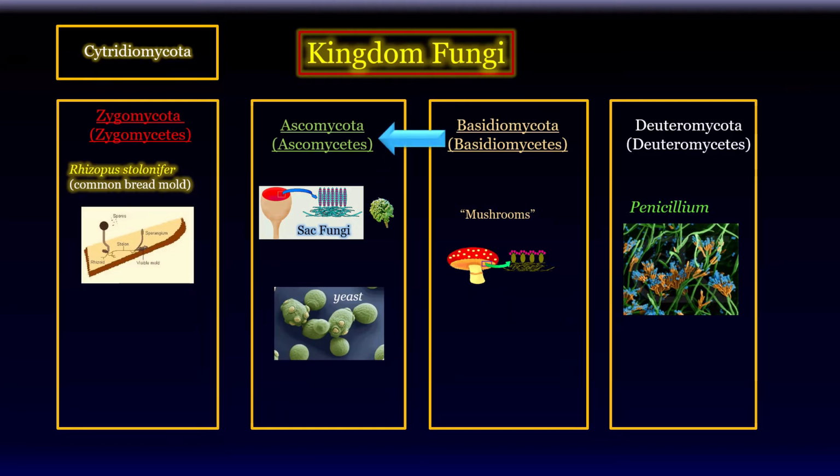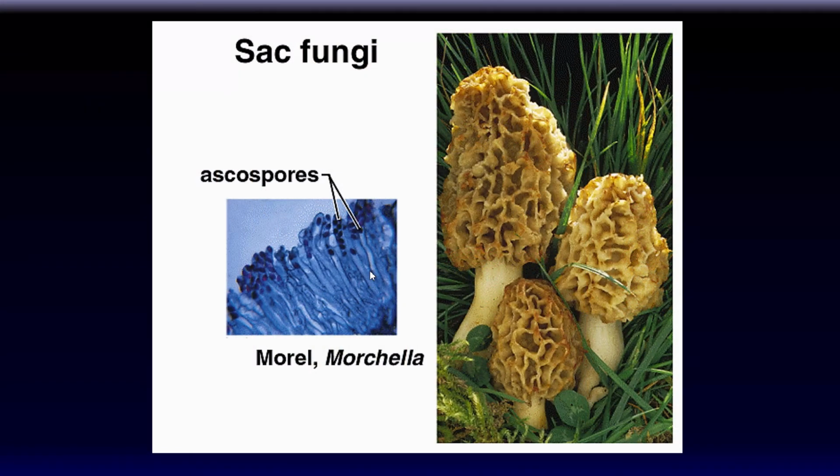The third fungi phylum is the Ascomycota, or the sac fungi, which also includes, curiously, the common yeast that everybody knows about. Sac fungi are so called because they produce their spores in structures called sacs.